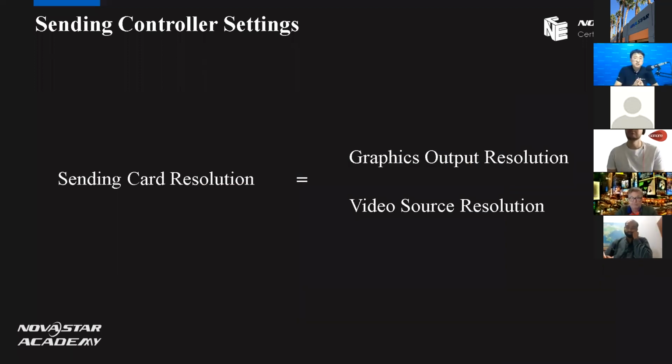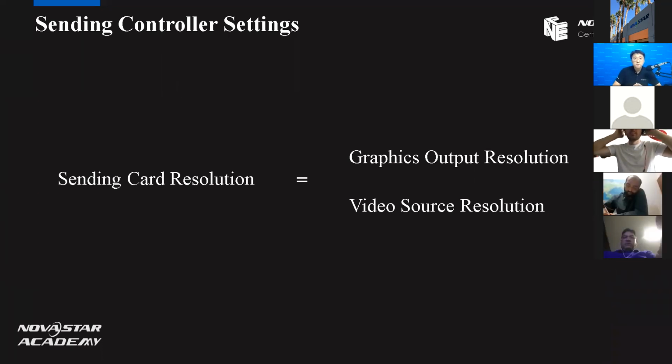Why must we set the sending card resolution the same as the graphic card resolution or video source resolution? It's because today we only talk about the basic steps to configure the LED screen, so we need to make the screen display pixel by pixel.